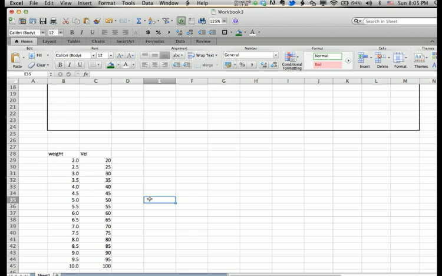So let's do velocities in meters per second. Let's just drop this data down here. Velocities, or that's miles per hour. Velocities in meters per second. Weight, tons.